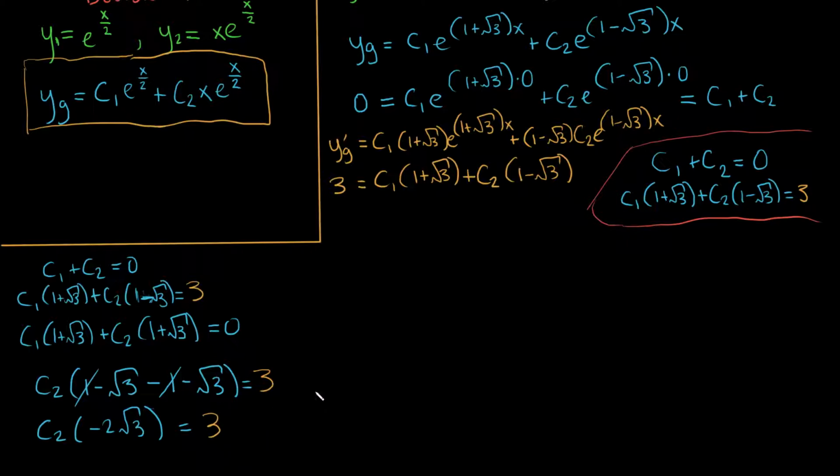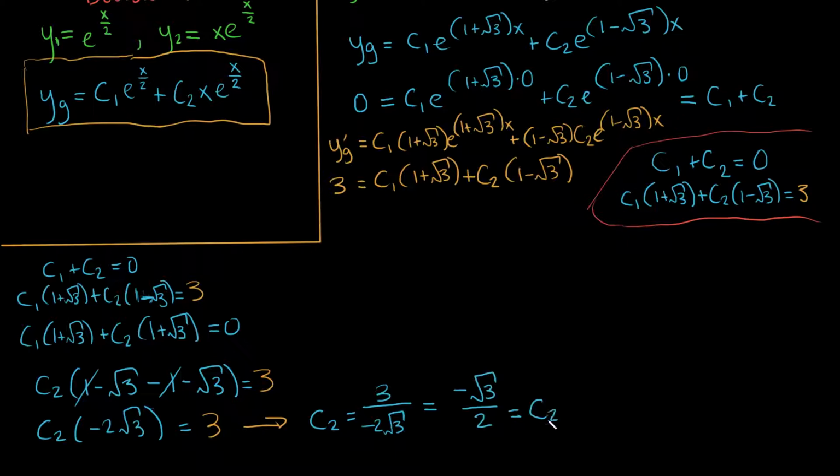Okay, so what this leaves us with is that c2 equals 3 divided by negative 2 times the square root of 3. Now, 3 over root 3 is just root 3, so we get negative root 3 over 2.